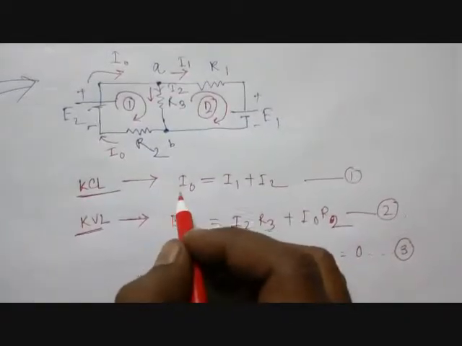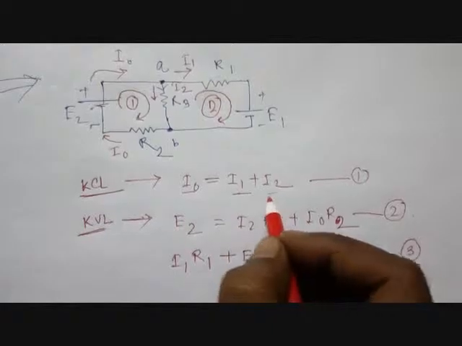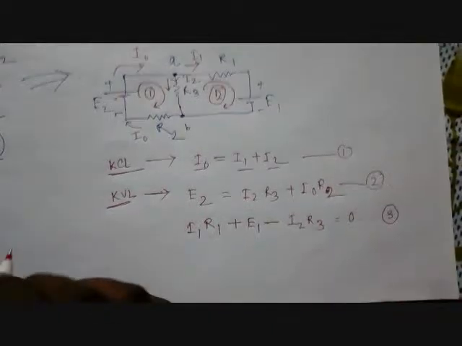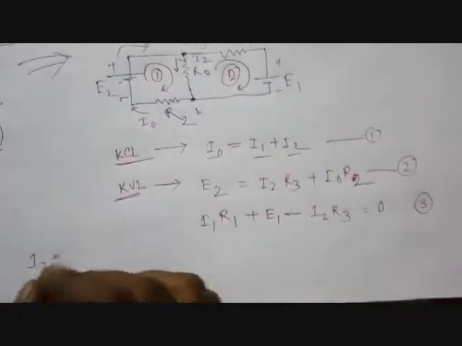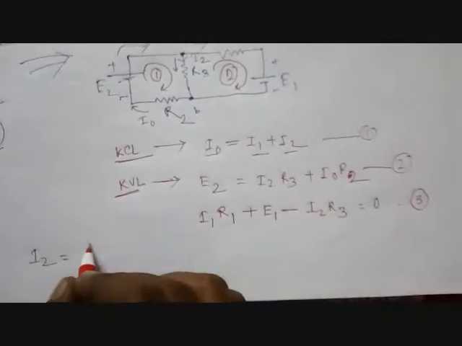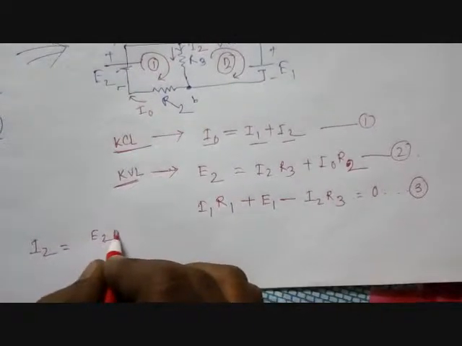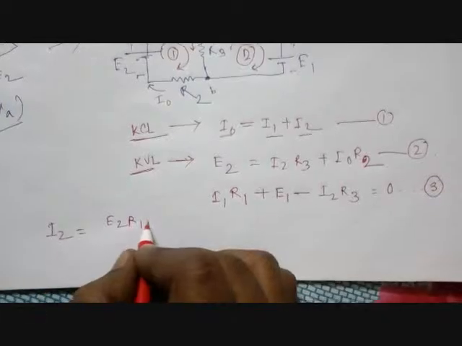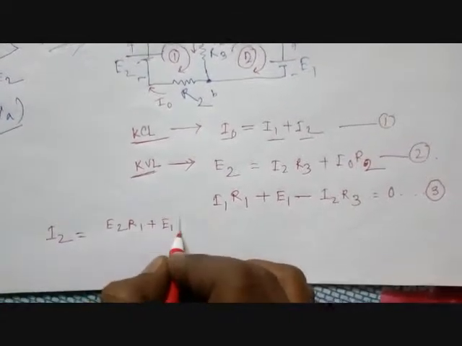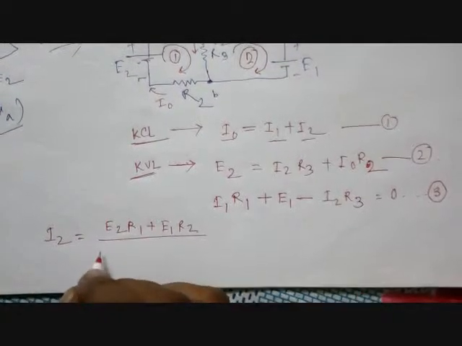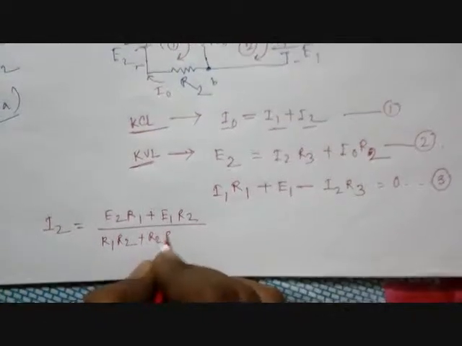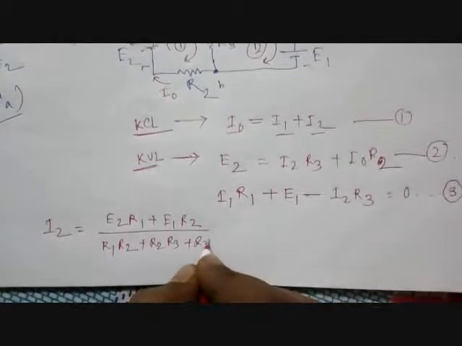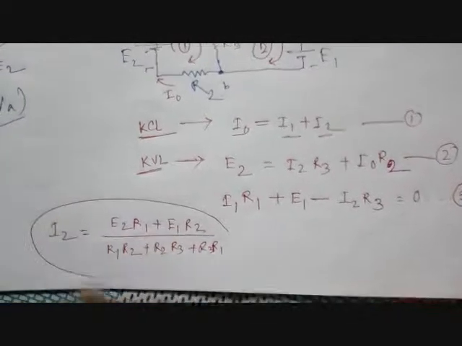You have three variables, I0, I1 and I2, and if you solve that equation, you will get I2 equal to (E2 R1 + E1 R2) divided by (R1 R2 + R2 R3 + R3 R1).